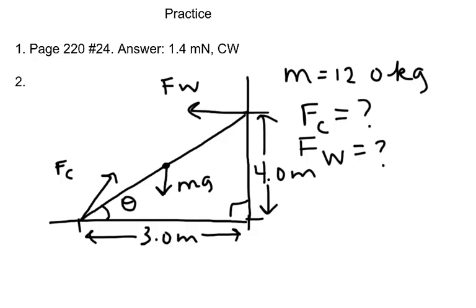You're going to need to find an FCX and an FCY to find FC. And don't forget to also find the direction of F sub C. And just to recall, the conditions for static equilibrium are the total forces in the x direction are 0, the total forces in the y direction are 0, and the total net torque is 0. And I'll write the answer below.